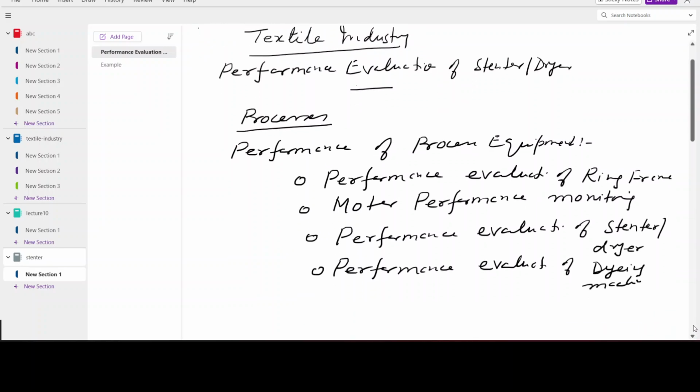In terms of processes, we have broadly these four processes, and today we are going to study performance evaluation of Stenter or dryer.